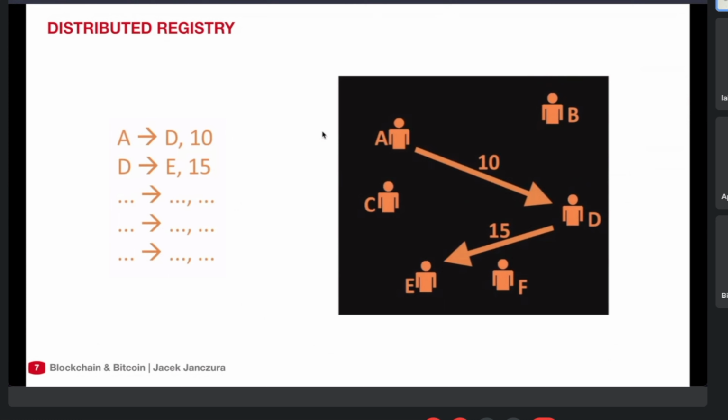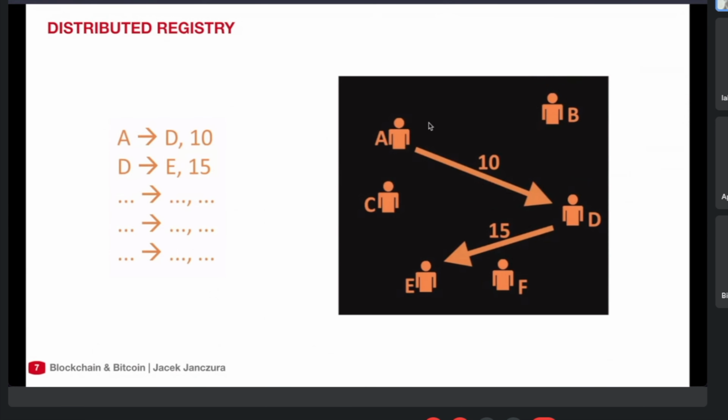Now, distributed registry. Imagine a group of anarchists. Different anarchists don't want to use a bank, but they somehow want to keep track of their expenses. So let's imagine we've got anarchists A, B, C, D, E, F, and they all have the same notebooks, with multiple papers and the same number of rows on each paper.